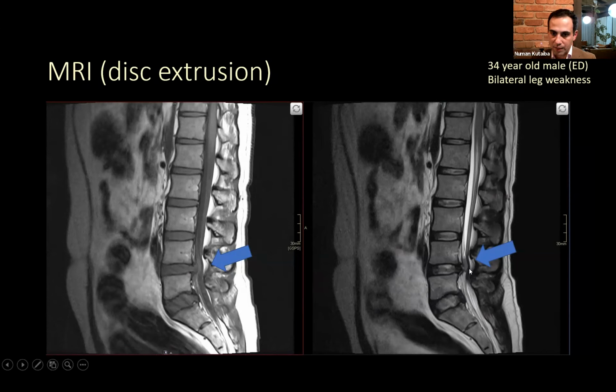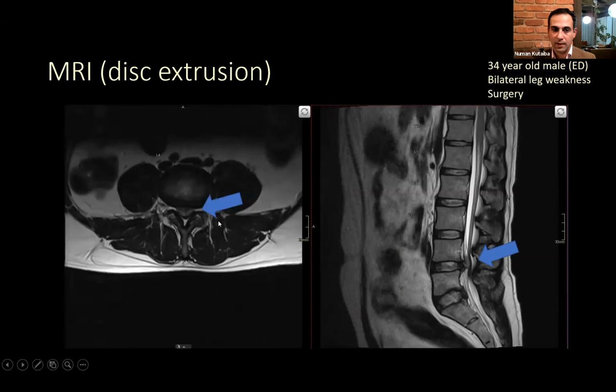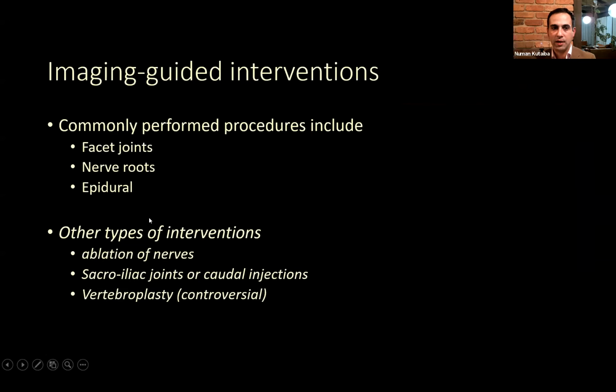And that's how narrowed it is, with extruded disc material compressing the thecal sac. So this was a cauda equina compression syndrome, and that's all disc material. This patient required decompression and removal of this material within 24 hours from this MRI from presentation.